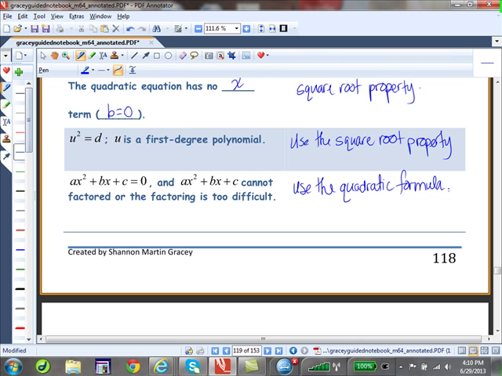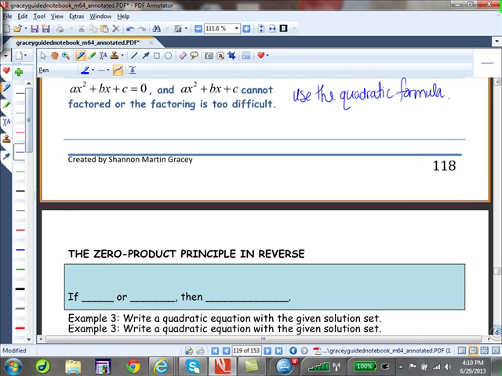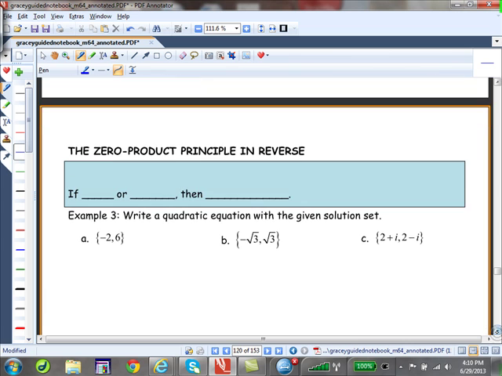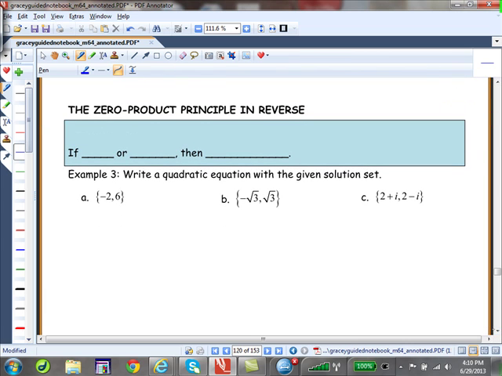Okay, so the next little bit of stuff is sometimes you want to go back and find, you might have the zeros of a quadratic and you might want to find out what the equation might have been and later on maybe what the function is.